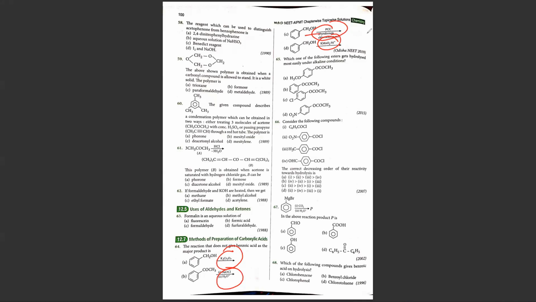So directly your alcohol is converted to aldehyde, and further conversion from aldehyde to carboxylic acid is not possible. So the reaction that does not give benzoic acid as the major product is option C. PCC stops the oxidation at the aldehydic stage. So this is the answer.